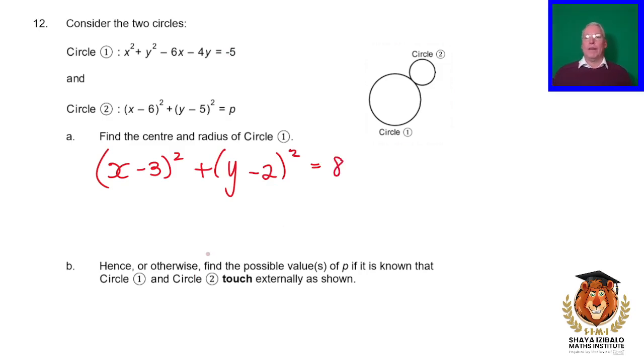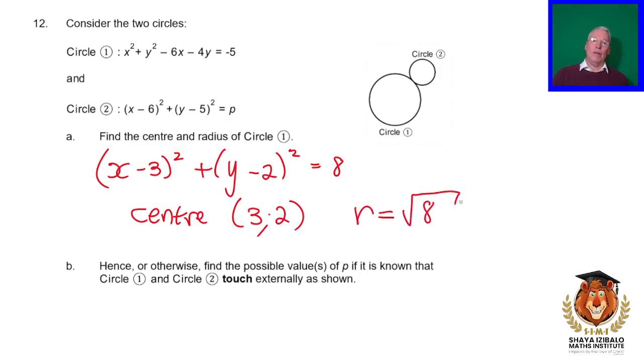Okay, so the center of circle 1 is at 3, 2, and the radius is the square root of 8. Now the square root of 8 is actually 2 root 2. The center of circle 2 is at 6, 5.